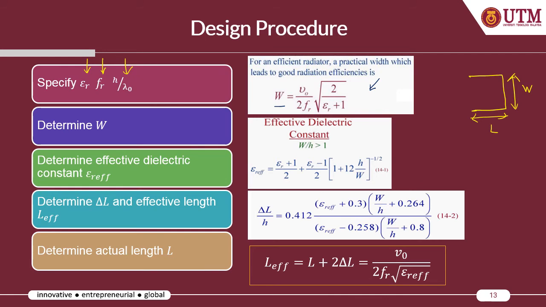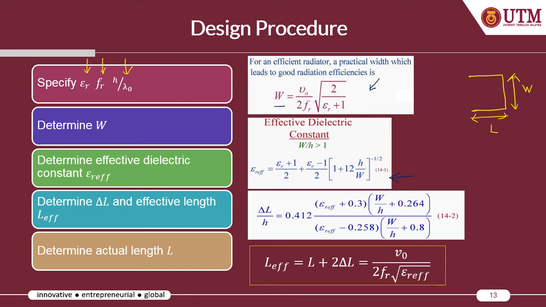And once you have the W, you need to determine the effective dielectric constant. So I'll show you what the effective dielectric constant is compared to epsilon r. Epsilon reff is the effective dielectric constant, which is given by this equation.